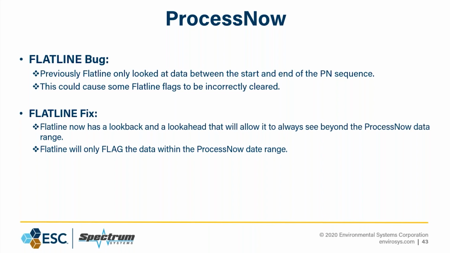Flatline now has a look back and a look ahead that will allow it to always see beyond the Process Now data range. Flatline will only flag the data within the Process Now date range. So you do not have to worry about it changing any flags outside of the actual specified date range when starting the Process Now sequence.